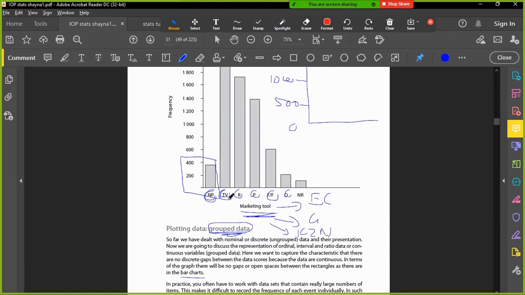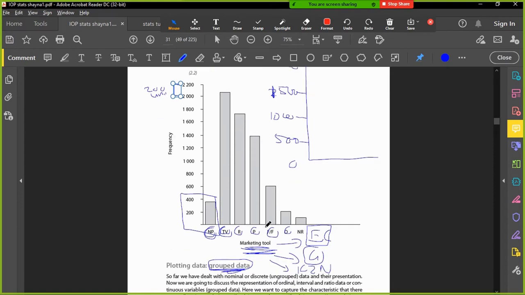So the Eastern Cape could have marketing tools, Gauteng could have marketing tools. Do you see where I'm going with that? So you're grouping data together. This table is covering marketing tools, but it could be covering one province or covering the whole country.